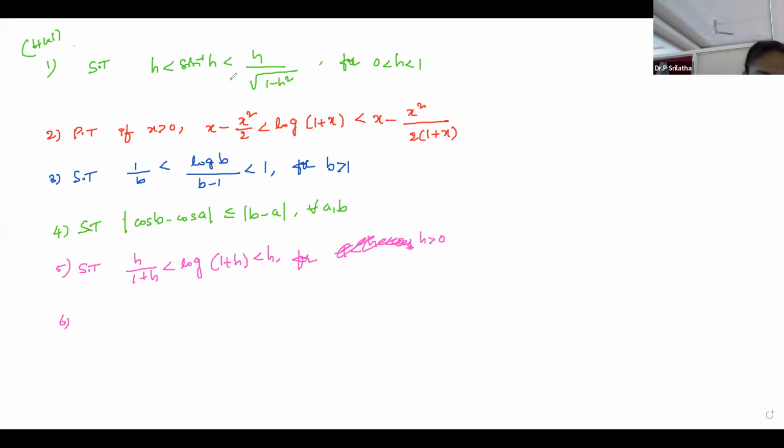And the next question is, show that h is less than e power h minus 1, which is less than h into e power h, for h not equal to 0. That's it.